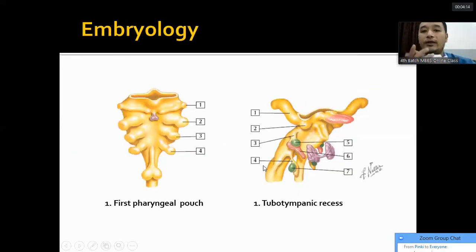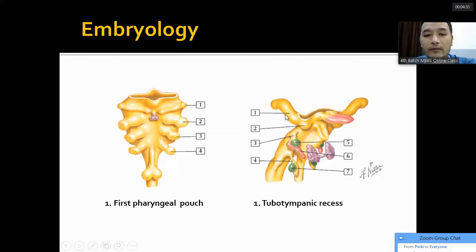Now the embryology. Just like all the structures of the head and neck, they arise from the pharyngeal arches, pharyngeal pouches and pharyngeal clefts. The middle ear basically arises from the first pharyngeal pouch. The endoderm grows into the tubotympanic recess.